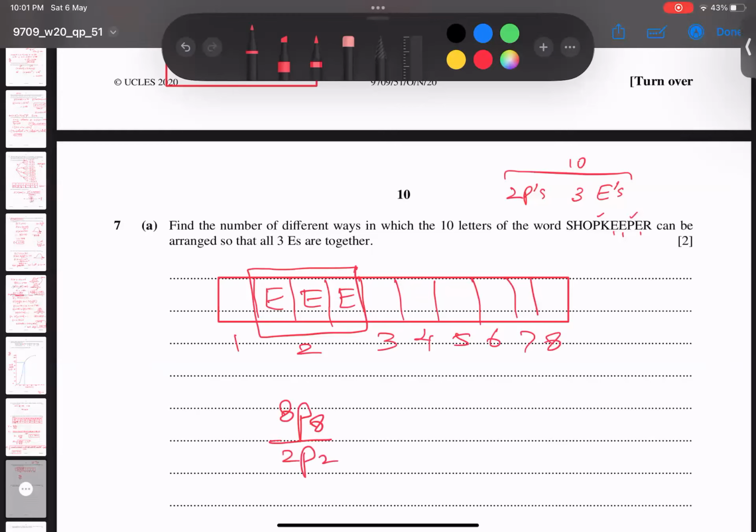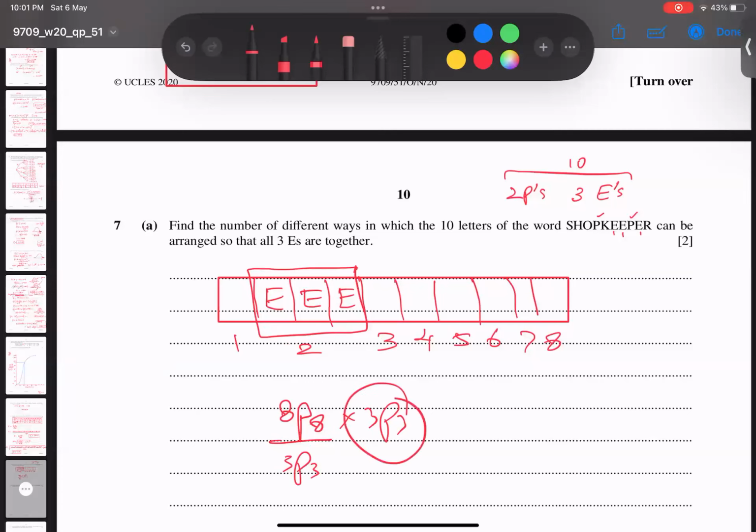Now here some students have a confusion. Forget the 2 P's. Some students can ask, sir, why are you not dividing for the 3 E's repeating? If I divide 3P3, imagine this 3 repeating, it would be the shuffling of the 3 inside.